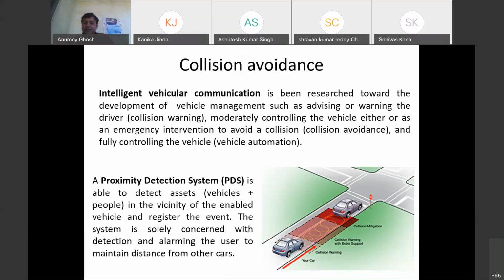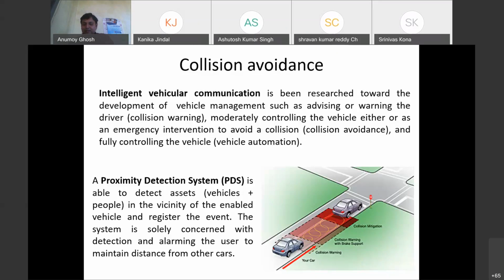The front car has one RFID, and the back car also has one RFID. Both of them will communicate with each other, and the back car will be given a signal that it has come into close proximity to the front car. Accordingly, the driver should adjust the speed, and as I have told you, smarter technologies are coming up so that the speed will automatically come down.